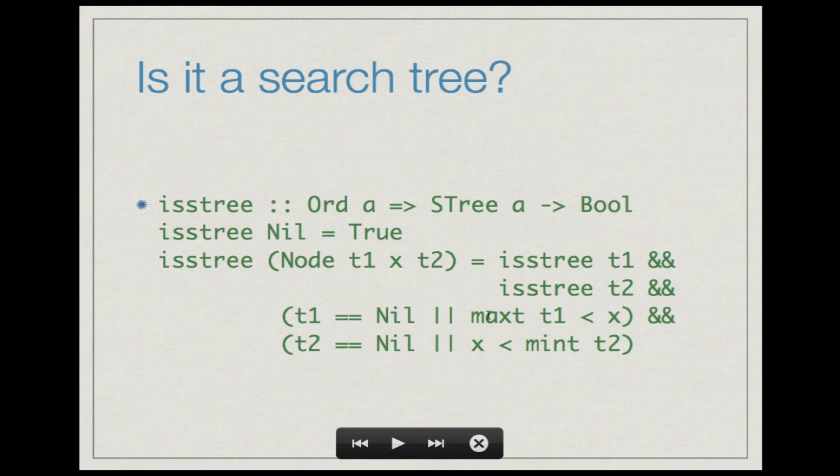But we add an extra clause here, because the maxT function that we will define later is defined only for non-empty trees. So you say either T1 is Nil or maxT of T1 is less than x, and either T2 is Nil, but in case it is non-null, check if x is less than the minimum value in the tree T2. This is the definition of isSTree.